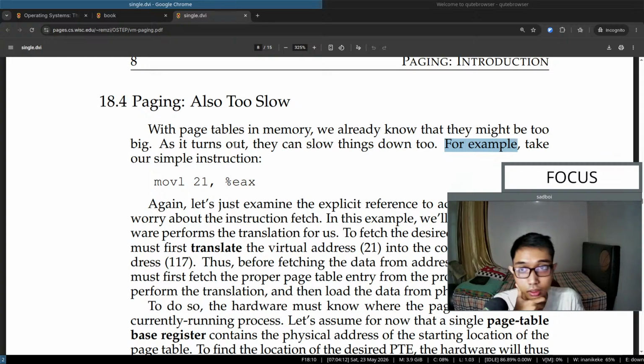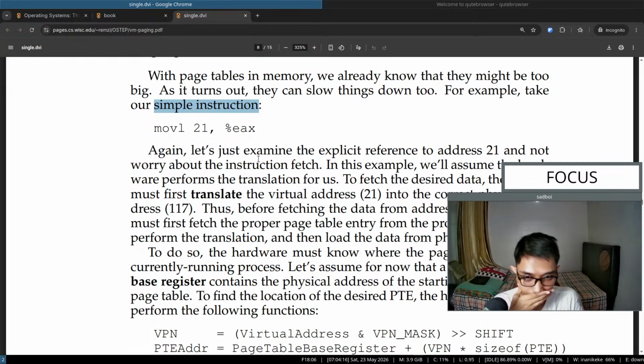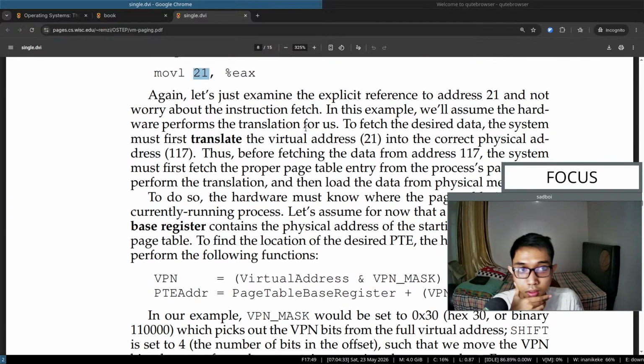For example, take our simple instruction. Let's just examine the explicit reference to address 21 here, and not worry about the instruction fetch.